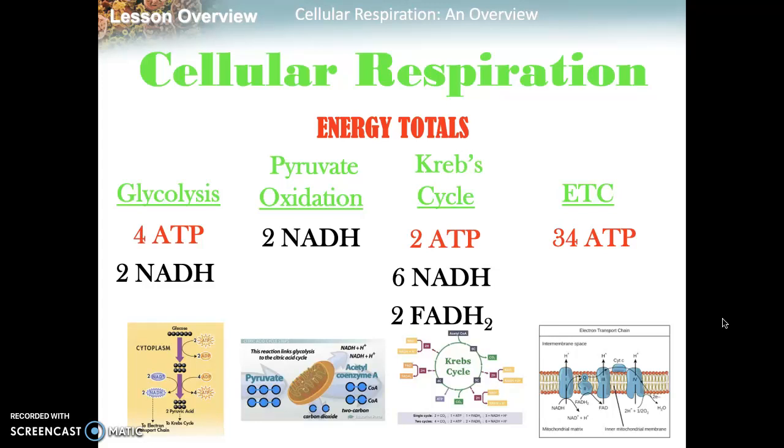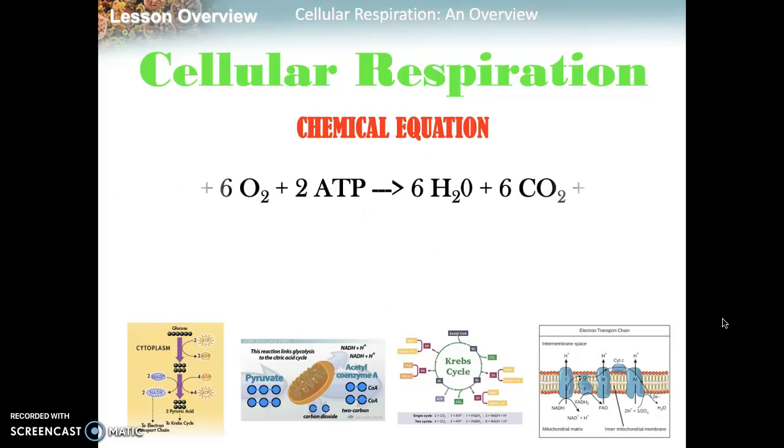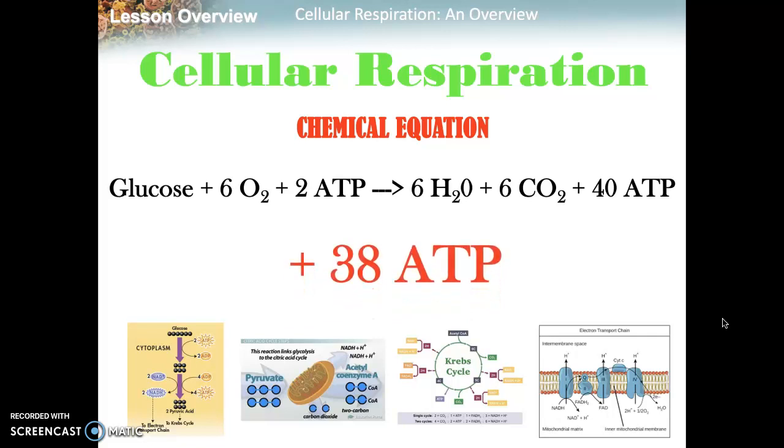This is a grand total, if you add them up, of 40 ATPs. But there is something very important to remember: it took 2 ATPs to start glycolysis. So in reality, we are only gaining 38, because it took 2 ATP to start the process of glycolysis.